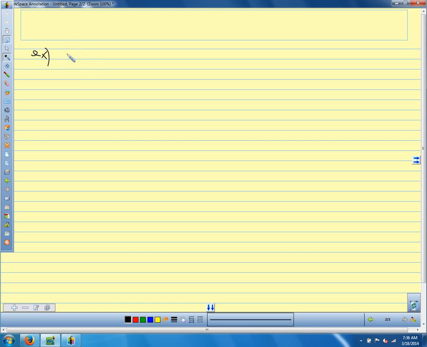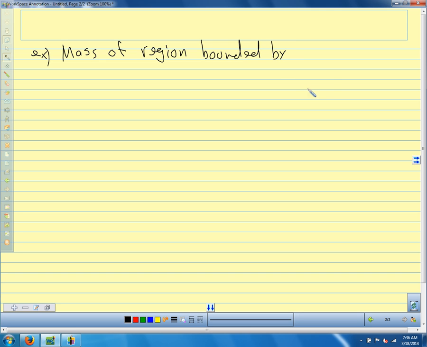Let's say we want to find the mass of the region bounded by x greater than or equal to 0, 0 less than or equal to y less than or equal to 9 minus x squared, and rho equals xy. Our mass density is xy.